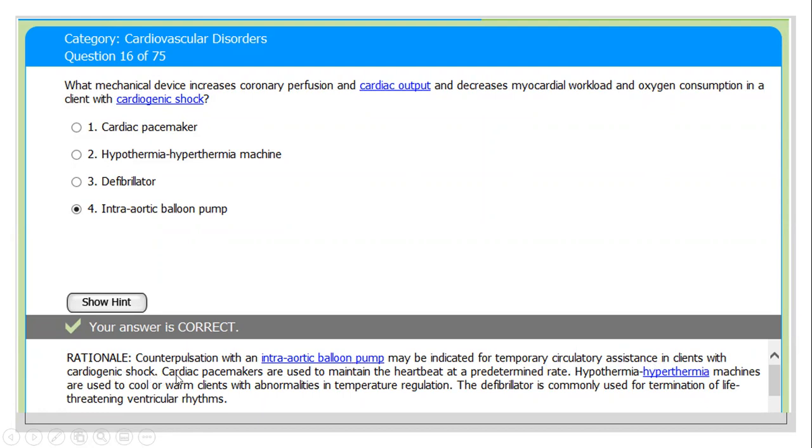Cardiac pacemakers are used to maintain the heartbeat at a predetermined rate. So, cardiac pacemaker, not the answer. If my pulse rate is very slow, if my SA node does not fire and does not produce electricity in my heart, you can put in the pacemaker, right?